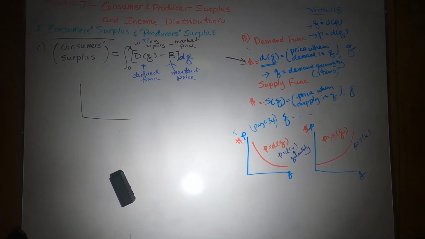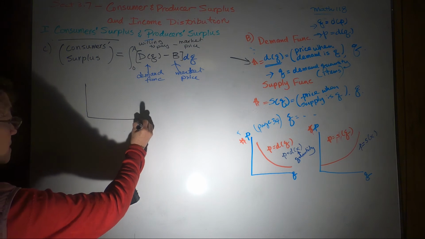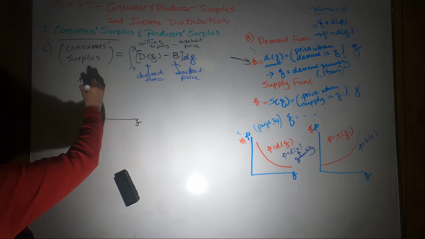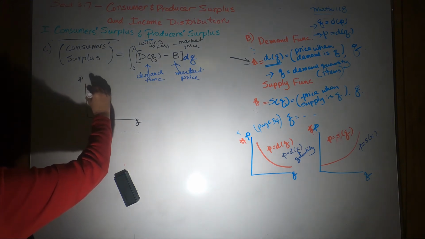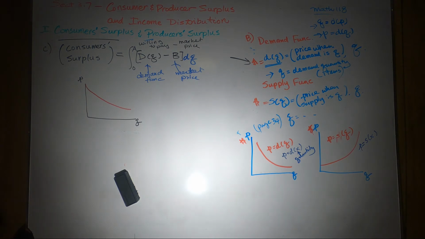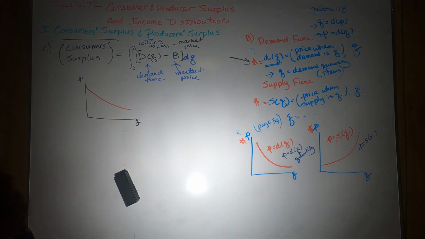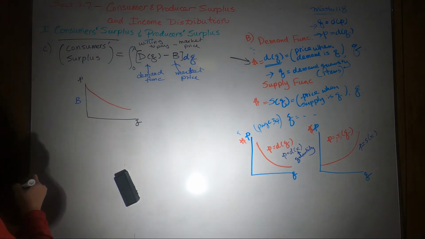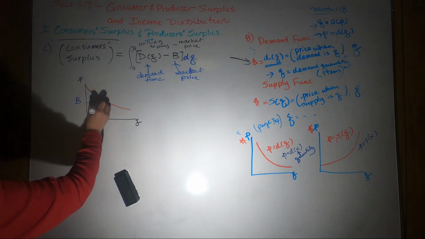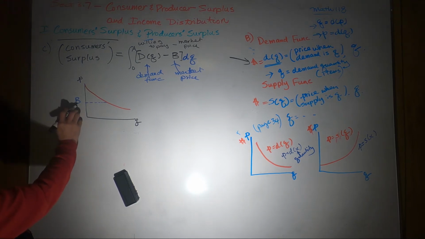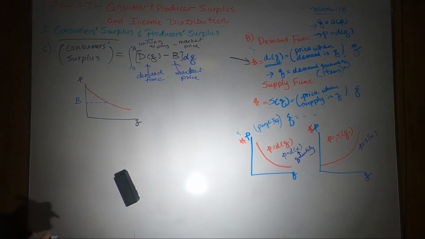So for the demand function, we have quantity, we have price, right? If it looks like this, okay, then it depends on if this is a market price. Market price is here, the B, right? So let's take a look. If the market price is like this, how many quantities can be sold?